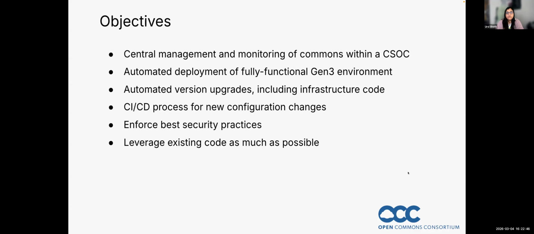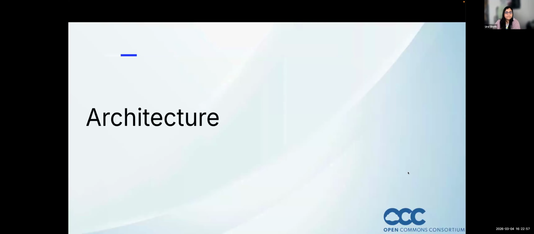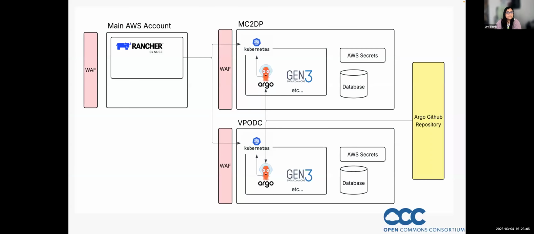Throughout all of this, we follow best security practices and aim to maximize the reuse of existing code so that our processes are efficient, reliable, and scalable. Now let's take a look at the architecture and see how OCC is managing multiple data commons within our CSOC.